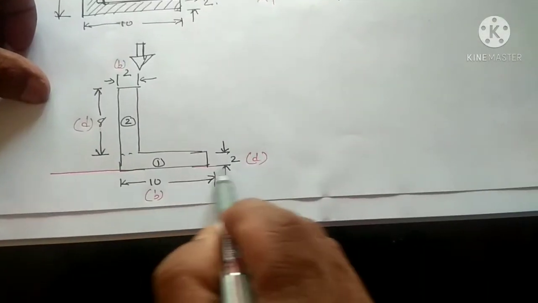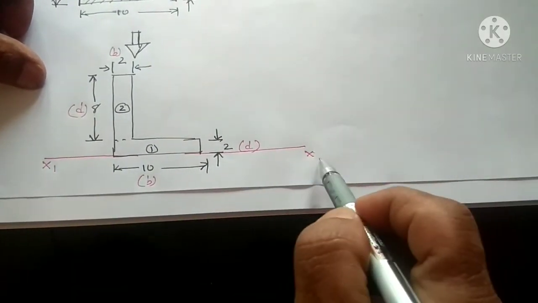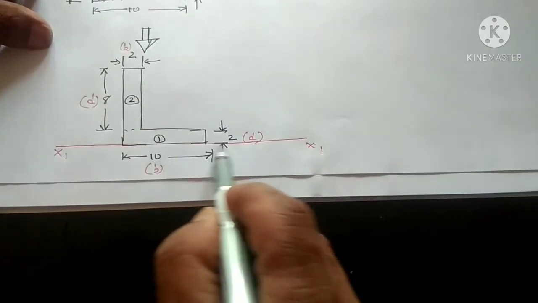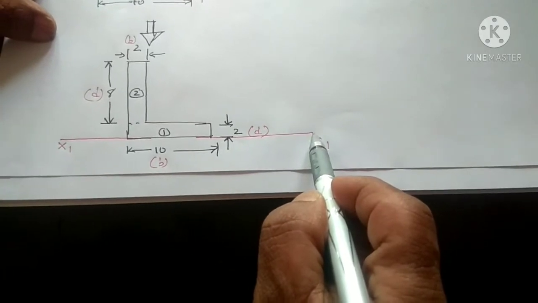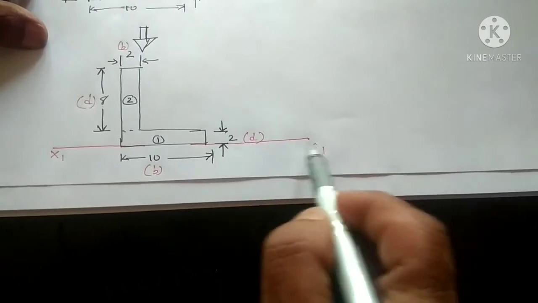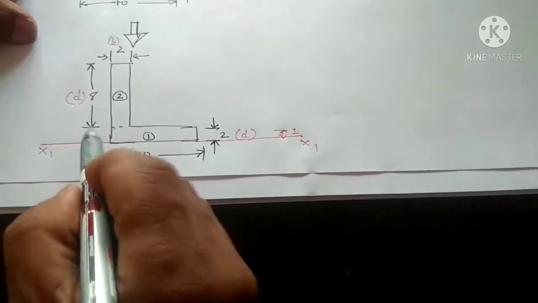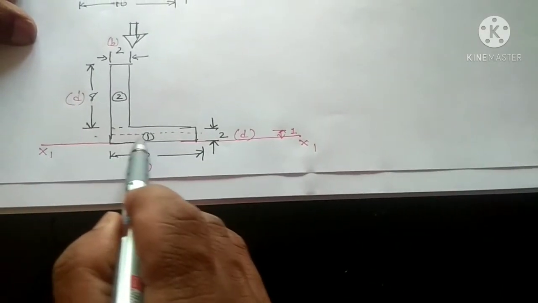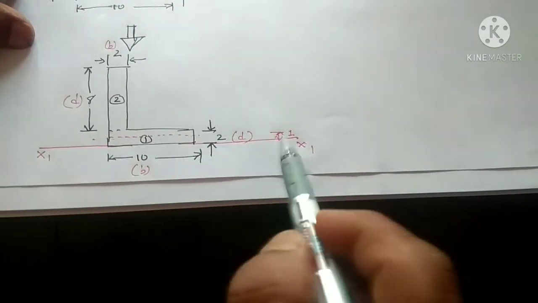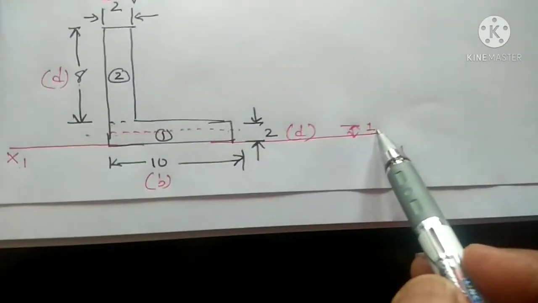This is our reference axis X1, X1. Based upon this reference axis, we know that the distance of the centroid of the first component from the reference axis is 1, because if you draw this line, this will be the horizontal centroidal axis of the first component. Therefore, from the reference axis X1, the distance is 1.